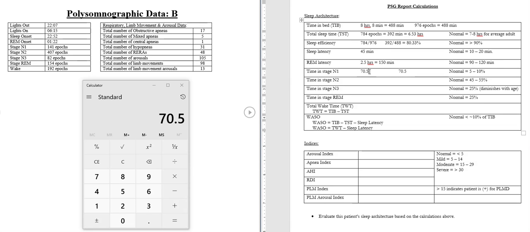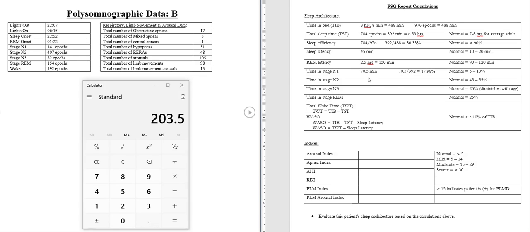So because this is in minutes, we're going to do 70.5 divided by 392 in order to get that percentage. And if I kept it in epochs, I could still do 141 divided by 784 and the number will be the same. So divided by 392, that's going to be 17.98%.